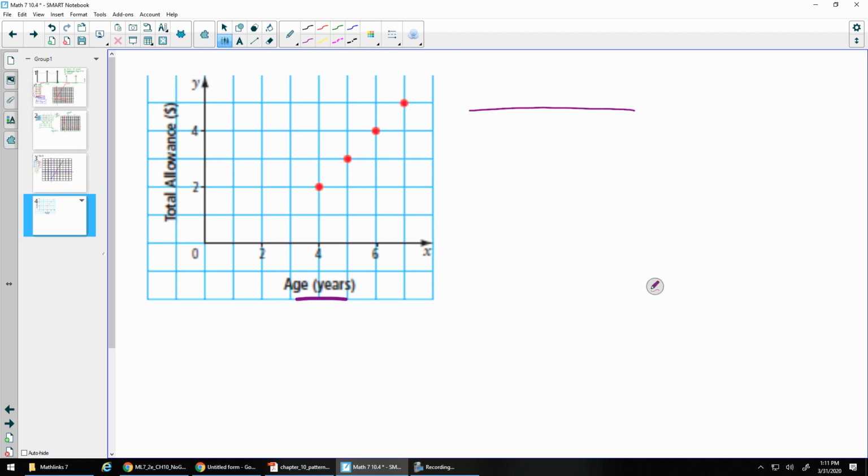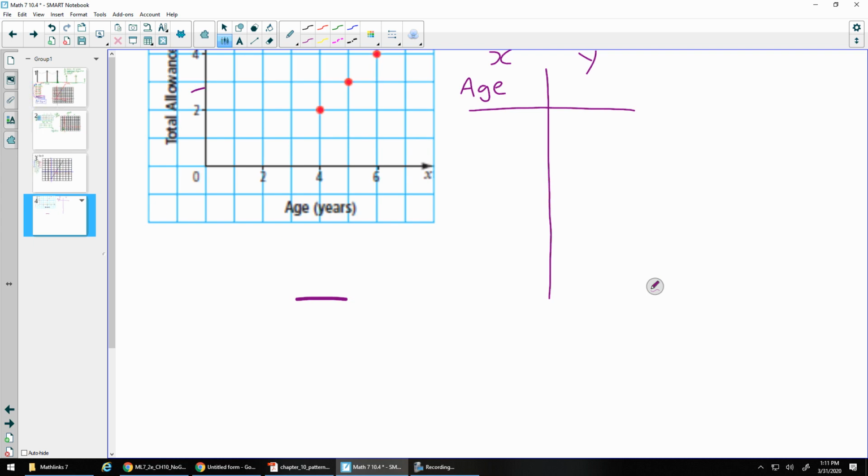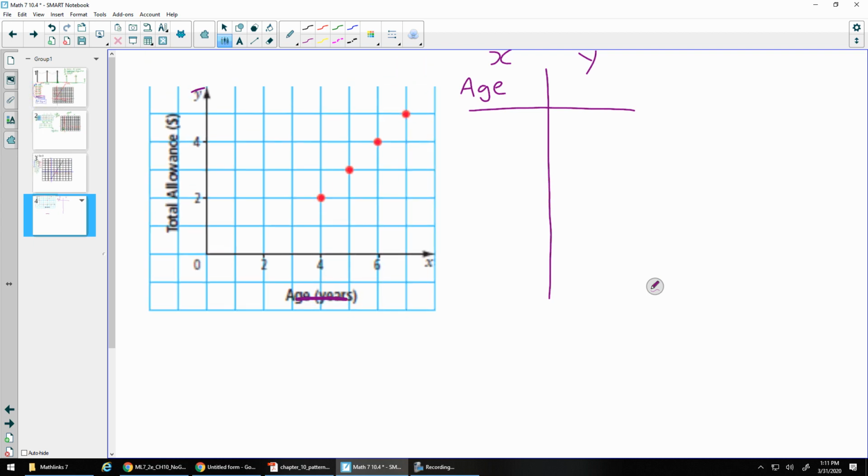Okay, so we have our x value, which is age. And we have our y value, and the y value is allowance. So this is talking about how one specific kid, at different ages, is getting a different amount of money from his or her parents each week.